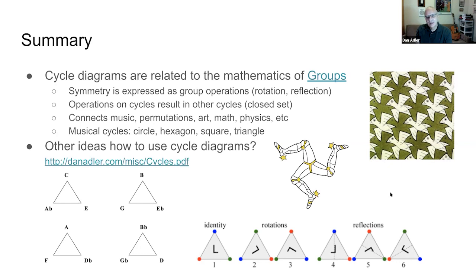And we can see the beauty of the musical cycles through thinking about them as a circle. In each circle, we can see 2 hexagons. In each circle, we can see 3 squares or 6 triangles, and each of those represent the progressions and give you a little bit of insight.